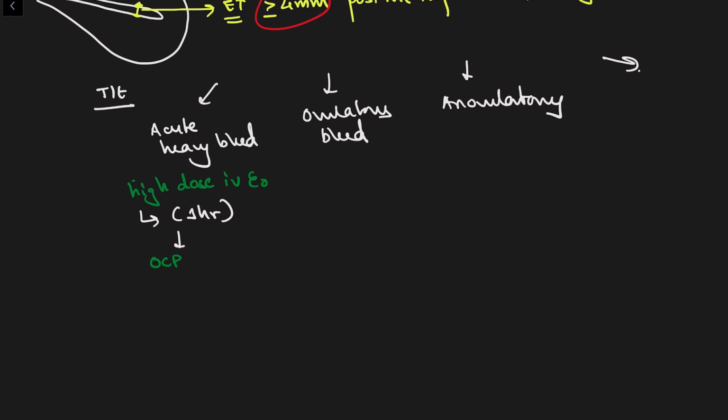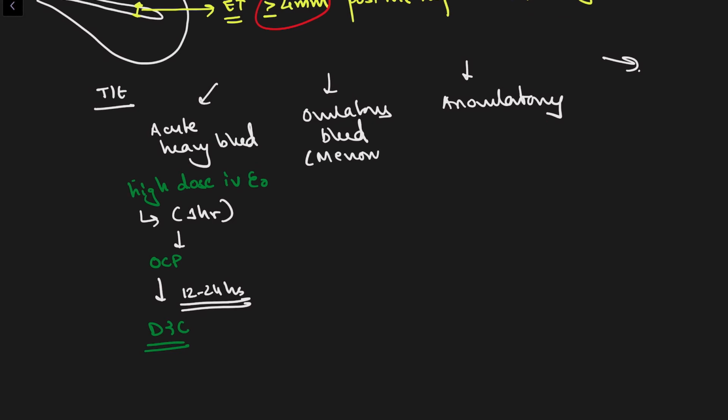Suppose if estrogen is contraindicated, right, then we can give high dose progesterone therapy alone. If after 12 to 24 hours the patient is still bleeding, then what do we do? Dilatation and curettage.